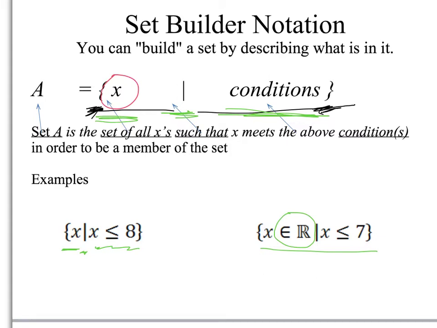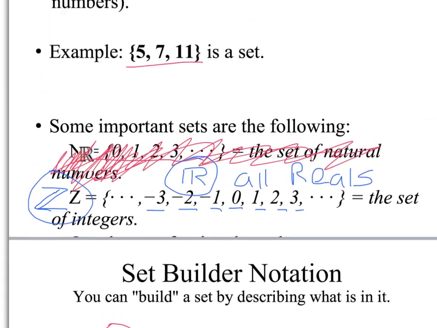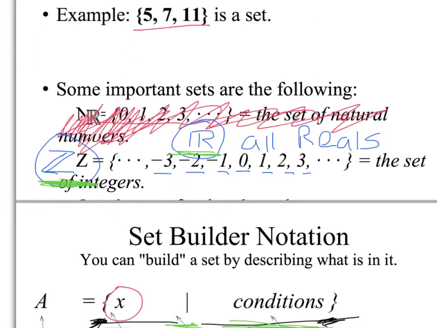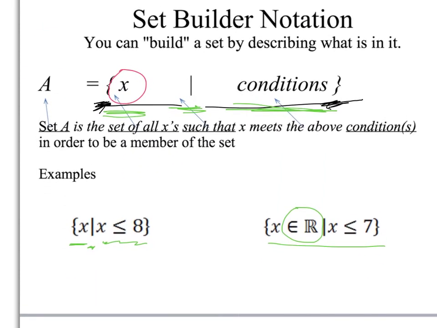And that's why, back a minute ago, we needed to know this fancy Z and this fancy R, because sometimes, not all the times, but sometimes we describe the set using a specific set of numbers to pull from. And so the way that you read this is it's the set of X, and then this little symbol, it kind of looks a little bit like an E. That little symbol means is an element of.